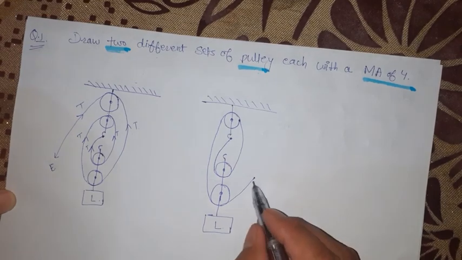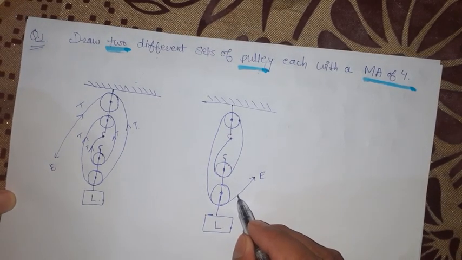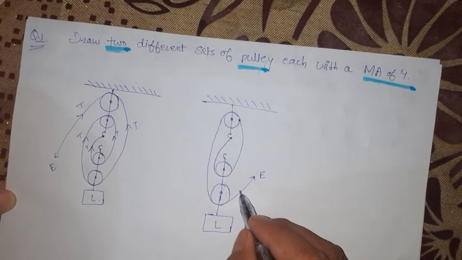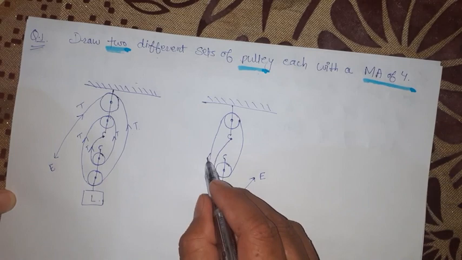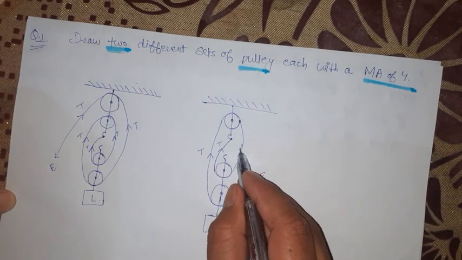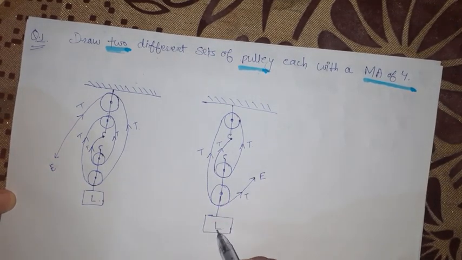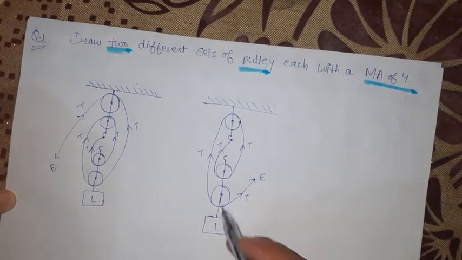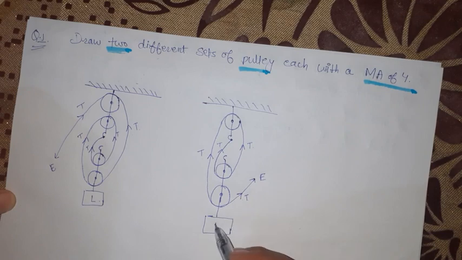In this way, at this edge we are going to apply the effort, and the tension, student, will be over here in the upward direction. To show the tension in every part of the segment, it is in the upward direction, it is T. Now look over here: how many tensions are going to lift this load up? Again you will find that this tension is also upward, which is going to lift the load.